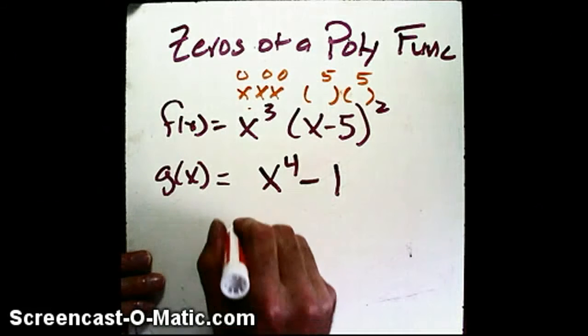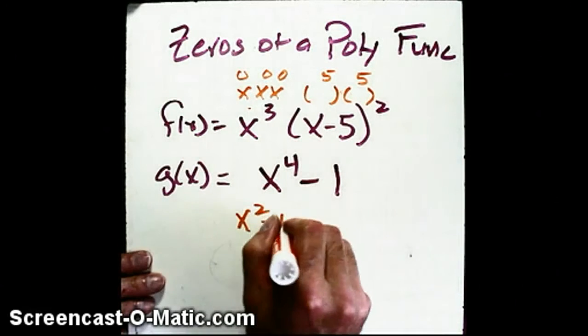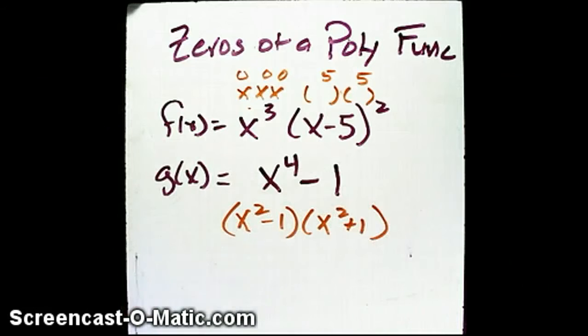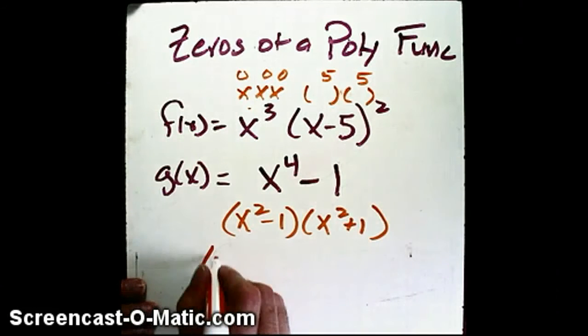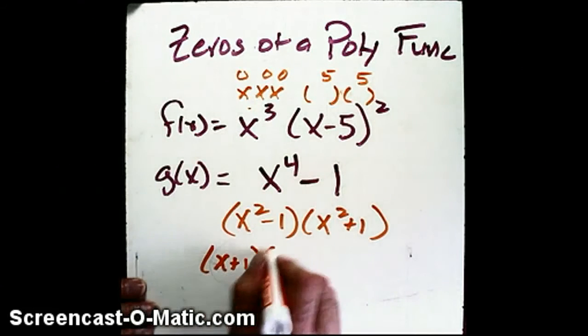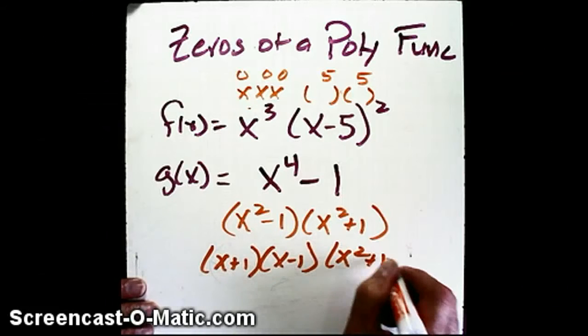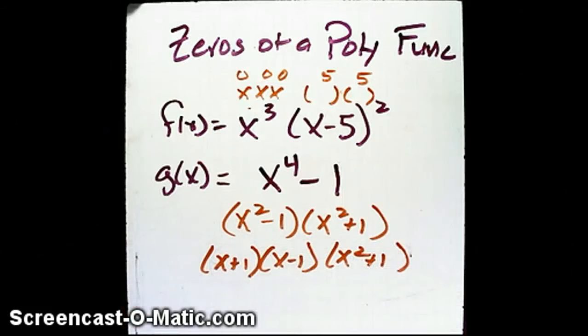Well, you may say, oh, we have to factor that. So it's x squared minus 1 times x squared plus 1. But wait a minute, we got to factor that again. That's x plus 1 times x minus 1. And then that's times x squared plus 1. Well, this 0 is negative 1. This one's 1. This one, right?